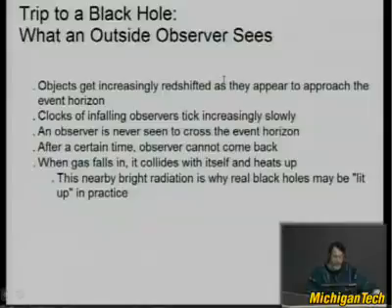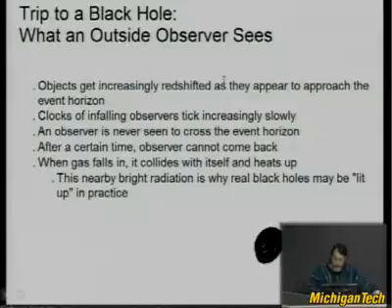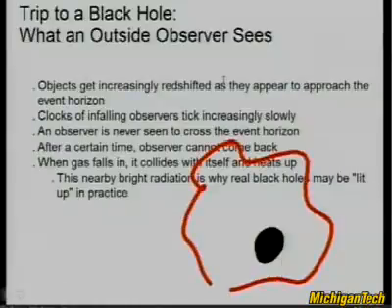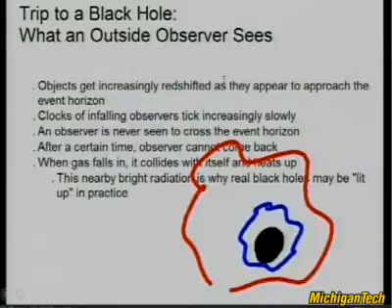As an outside observer sees someone falling in, again they get more and more red until they cross the event horizon, and then they disappear. However, when gas falls in, so if you have a black hole here, let's make it black, and you have gas falling in, as it gets near the black hole, it collides with itself and then heats up.